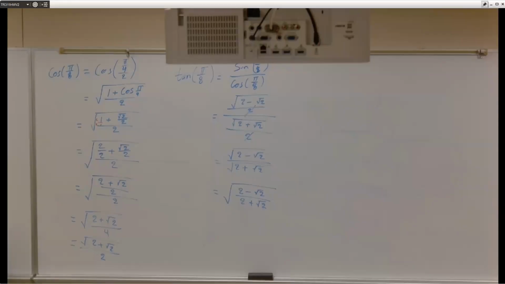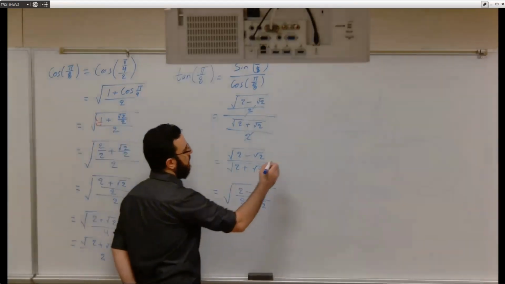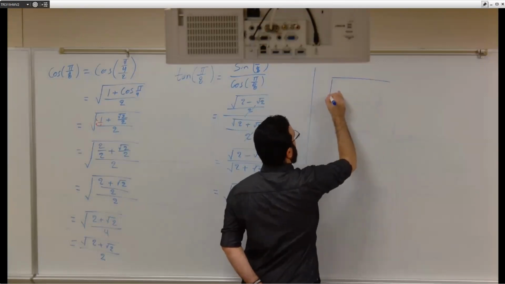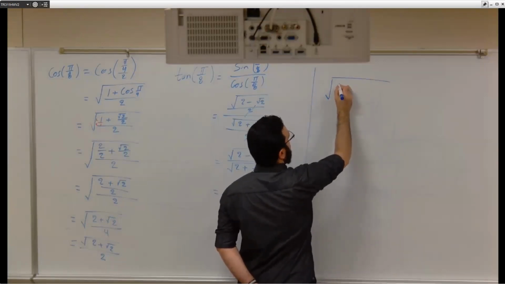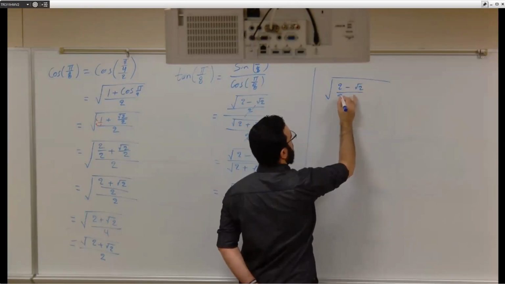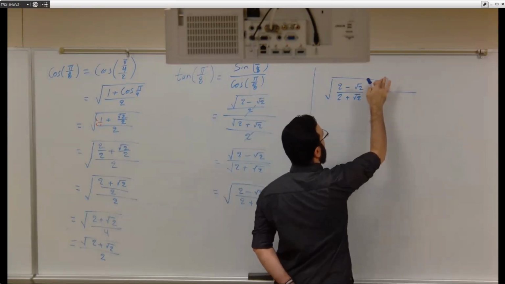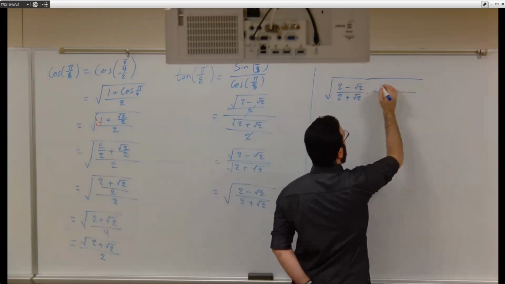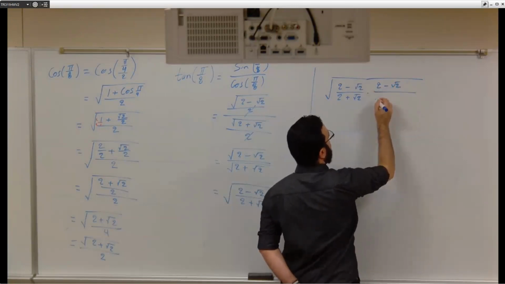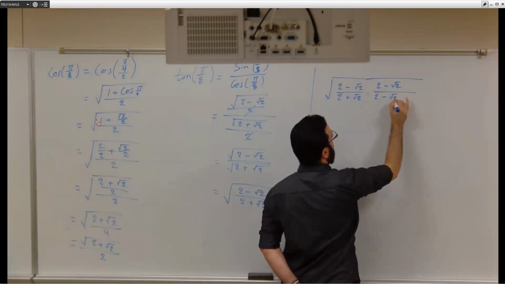So you're going to multiply. Under the root, 2 minus square root of 2 over 2 plus square root of 2. I'm going to multiply by the conjugate, which is what? The conjugate for this one is 2 minus square root of 2, and 2 minus square root of 2.